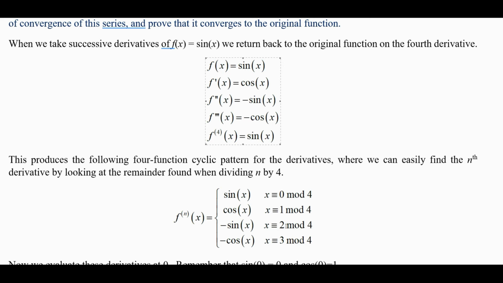If n is congruent to 2 mod 4, you divide by 4 and get a remainder of 2. You get minus sine x, so that would be the 2nd one, the 6th one, the 10th one, and so forth. Or if n is congruent to 3 mod 4, remainder 3, then you're going to get this last one of minus cosine x.